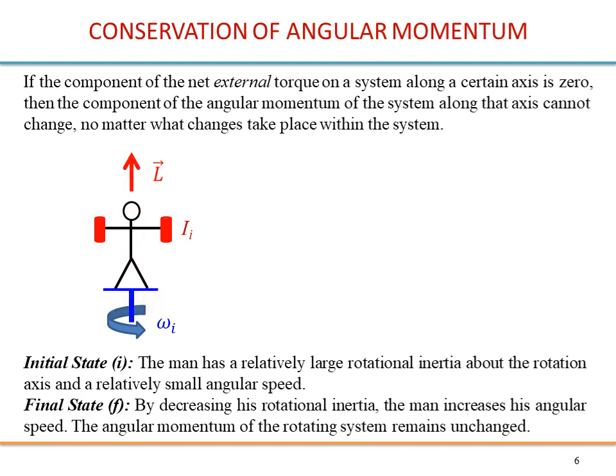So this is the initial state, rotating this way with these dumbbells. In the final state, this character will bring this heavy weight close to his body, which means close to the axis of rotation.